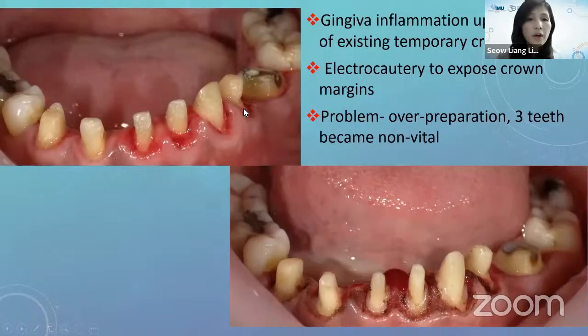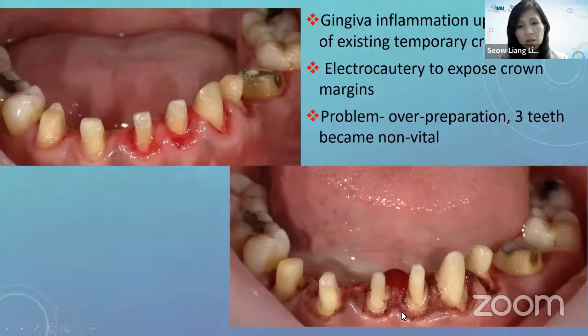We removed all the old provisional restorations. This is the state of the gum, very inflamed due to poor fitting. The margins are actually there and it's actually over-prepped, but I couldn't see the margin at that time because of the inflamed gingiva. So I had to electrocauterize.